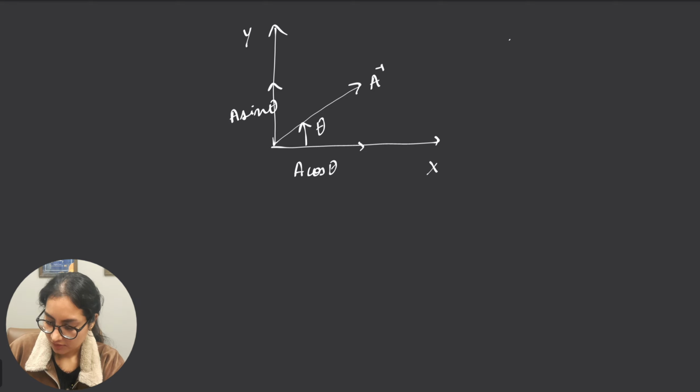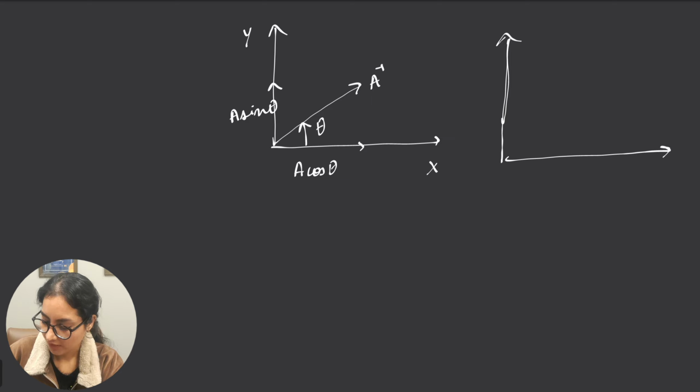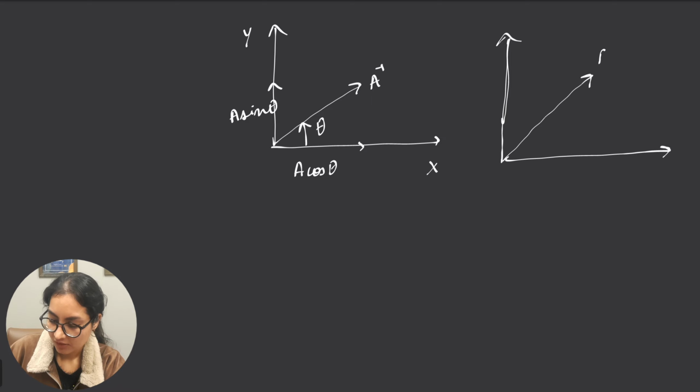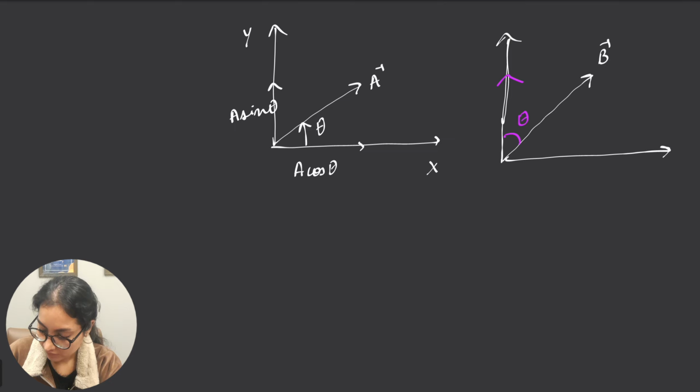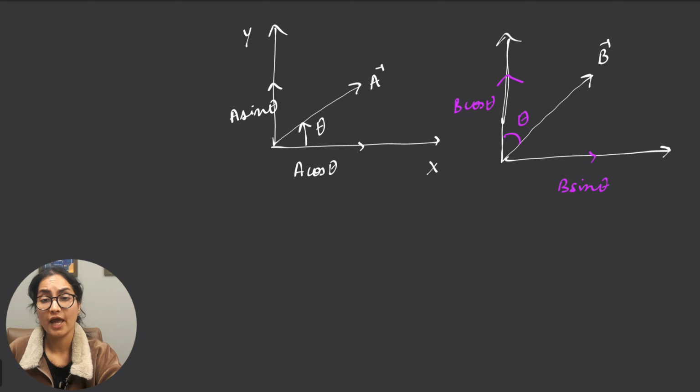So for example, if this is the vector B and it is making an angle theta here, the component adjacent to theta would be cosine theta and the opposite would be sine theta, and this is always true. You don't always have to draw a right angle triangle.